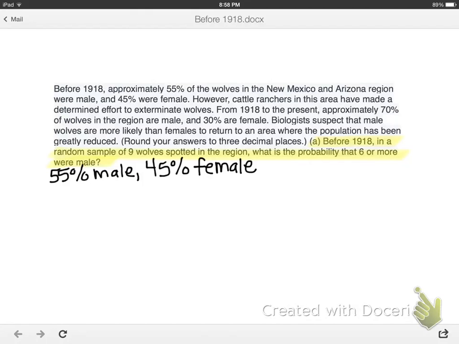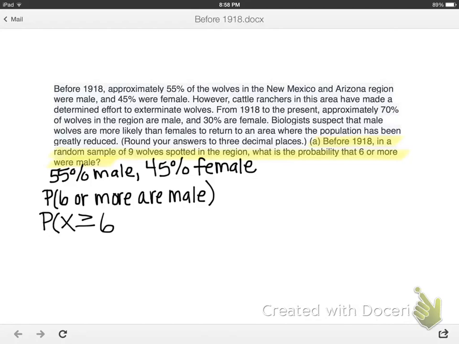Now, we want to know the probability that 6 or more were male if we choose 9 of them. So what we want here is a probability that 6 or more are male. Another way to write that is the probability that x is greater than or equal to 6.